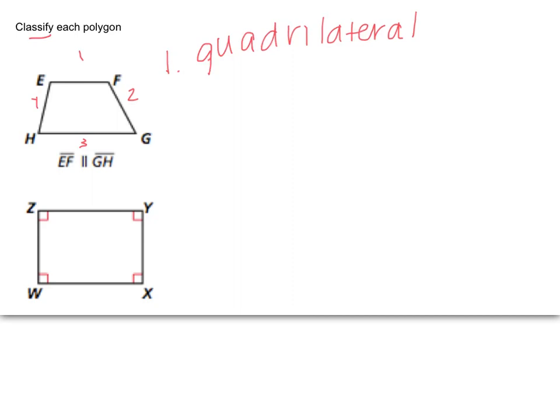If we also look, this is telling us that EF is parallel to GH. So we know that we have one set of parallel lines, and that would classify this also as a trapezoid. Now if we go back, trapezoid does not fit into any other category, so we would stop there. That's all that it could classify as.